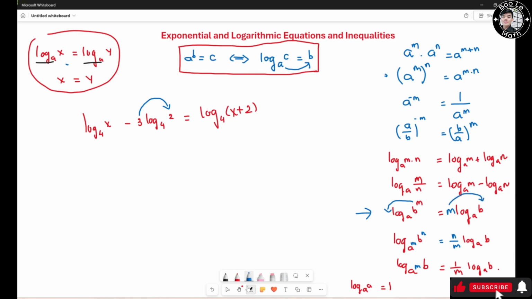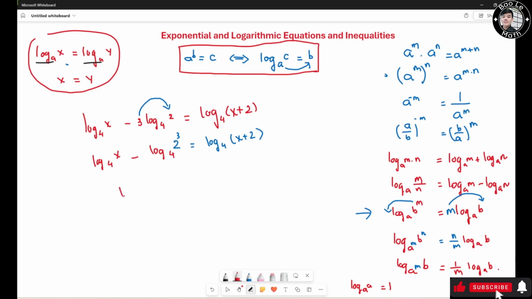Alright, so this guy turns out to be log base 4 of s minus log base 4 of 2 power 3, right? Equals log base 4 of s plus 2, right? Alright, so you know that 2 power 3 is going to be 8, right?